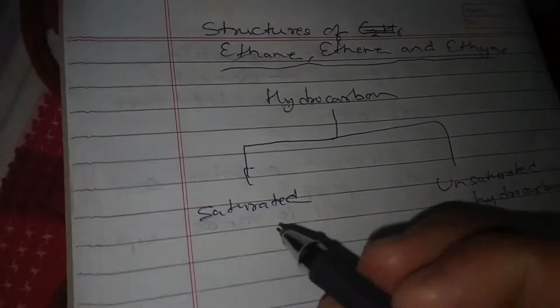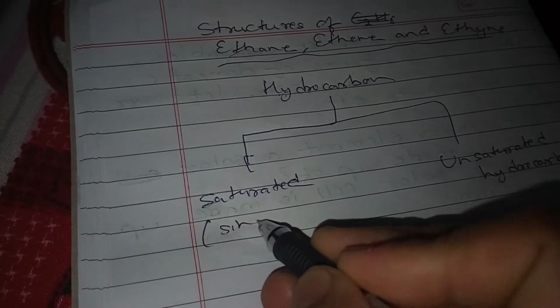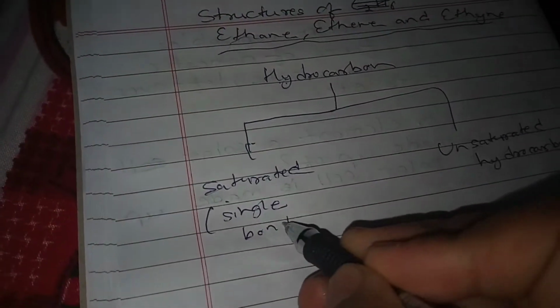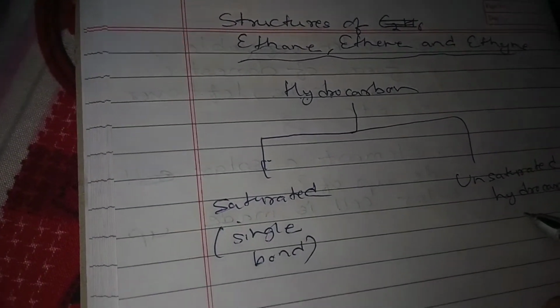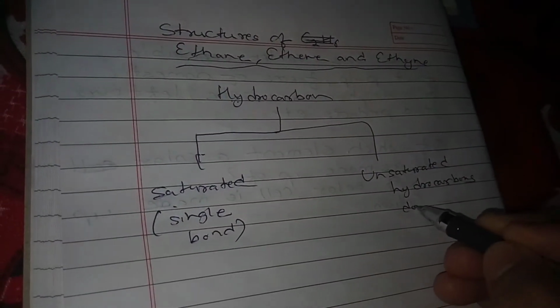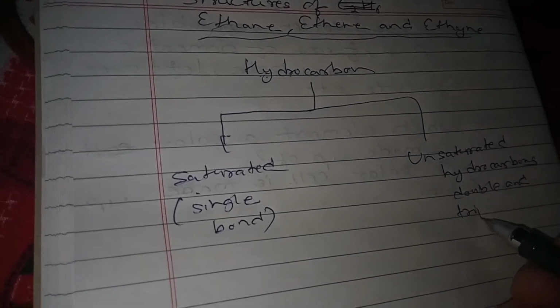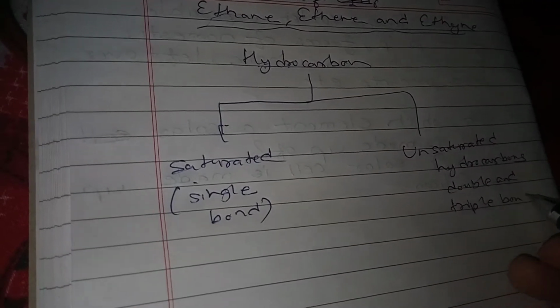The hydrocarbon which contains single bonds is called a saturated hydrocarbon, and the hydrocarbon which contains double and triple bonds is called an unsaturated hydrocarbon.